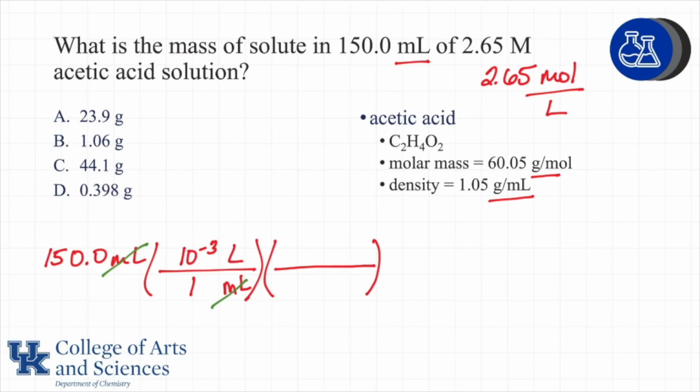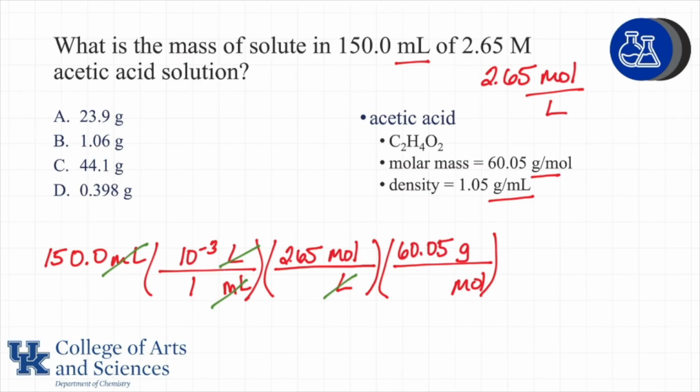Then I need liters on the bottom, and moles will go on top because I'm using the relationship for my molarity. 2.65 moles per liter. Liters will cancel out. Next, I need moles on the bottom and grams on top. And I have 60.05 grams per mole. Moles will cancel. And I find that I have 23.9 grams of solute in my solution. So A is the correct answer.